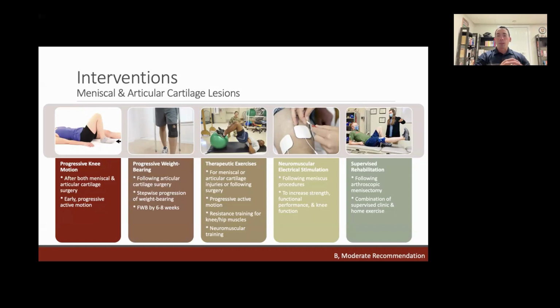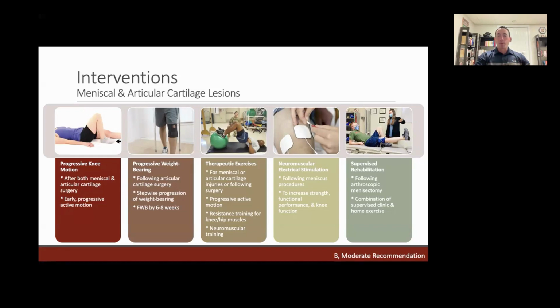So as with most musculoskeletal conditions, therapeutic exercise is the mainstay, and you should prescribe supervised progressive range of motion exercises and progressive resistance training for both the knee and the hip muscles. Neuromuscular training that includes static and dynamic balance exercises and plyometrics should also be included. And then neuromuscular electrical stimulation is an adjunct that may be utilized following meniscus repair surgery to increase quadriceps muscle performance and knee function.